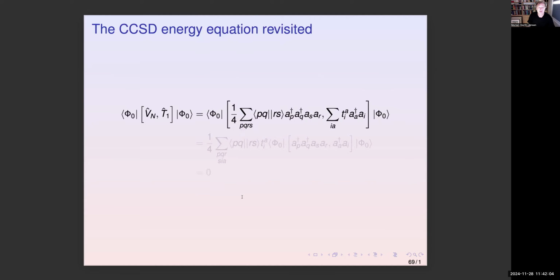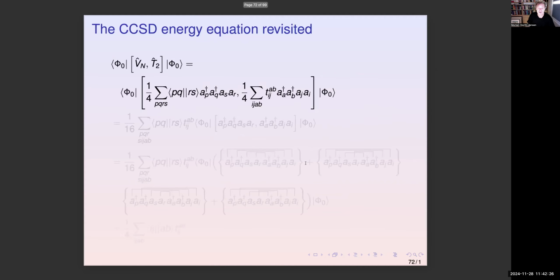And then if we look at the energy equation, one of the terms which we need to deal with is a term like that one. And we know that since we have normal ordered operators acting on the vacuum state, this commutator has simply to give us 0. So that term is actually 0.